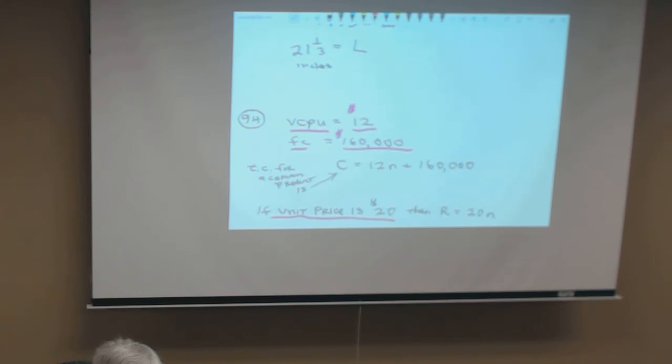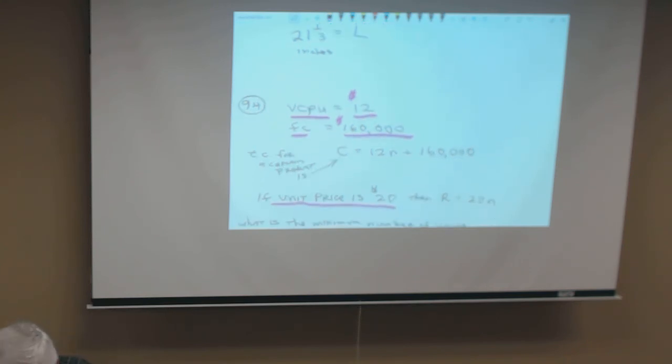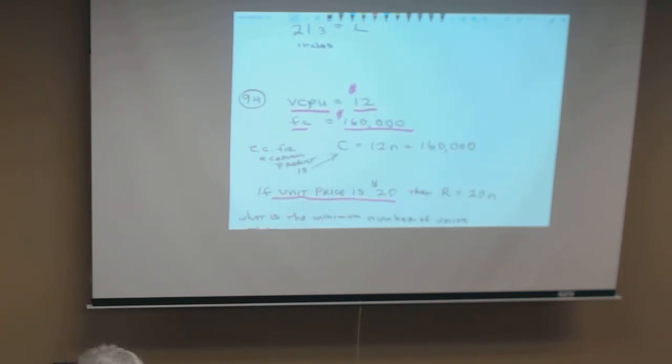94. What's 94 say? Has a whole bunch of words. When the variable cost per unit is $12 and the fixed cost is $160,000. I don't even know what they're talking about, but I don't care. I'm just doing the math.